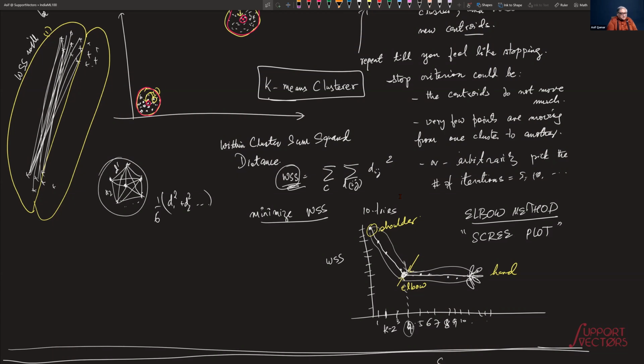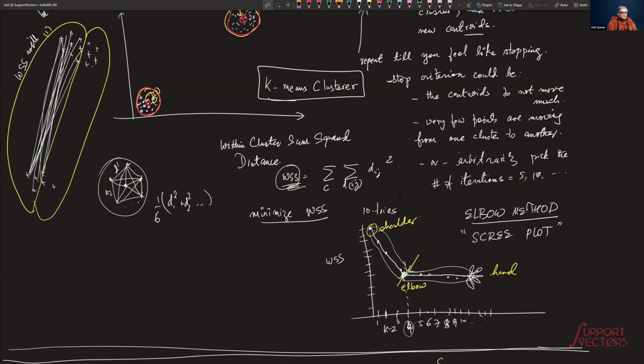To answer that question, you have to try many different values of the cluster count, and you have to look for the elbow in the scree plot, right? Wherever you see the bend, the point of diminishing returns, you say that is the optimal number of clusters. The way you do that is the plot's x-axis is of course k, the number of clusters.